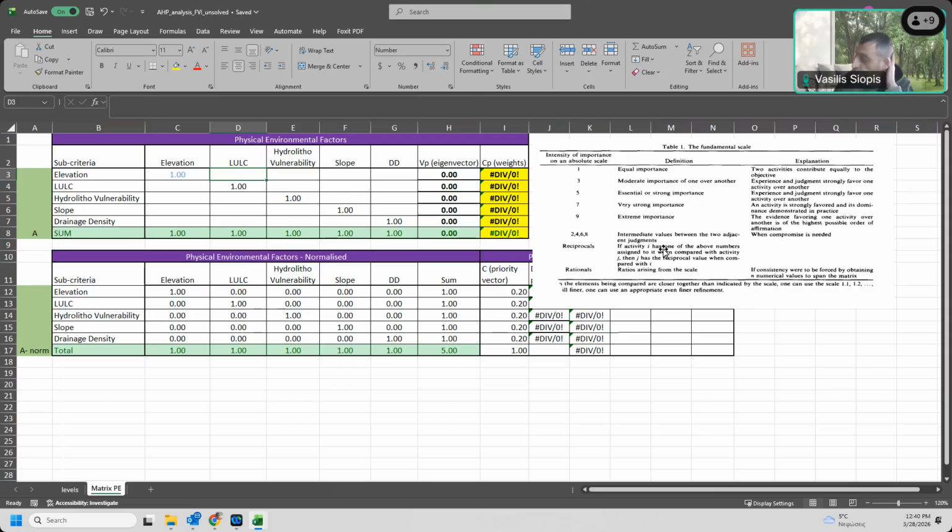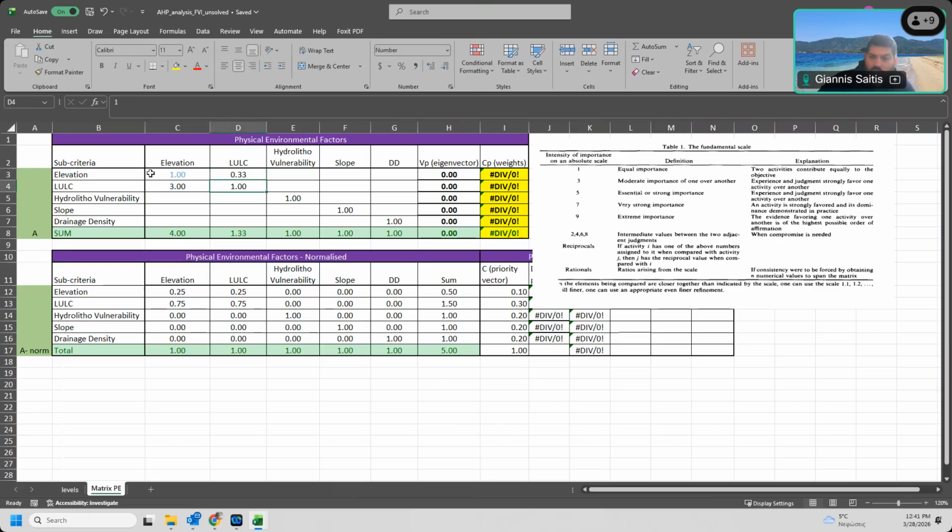Moderate importance, 3. Okay, let's go with that. The question was the land use land cover to the elevation, so the 3 goes here, and here goes the 1 over 3. This is how you start filling the table.